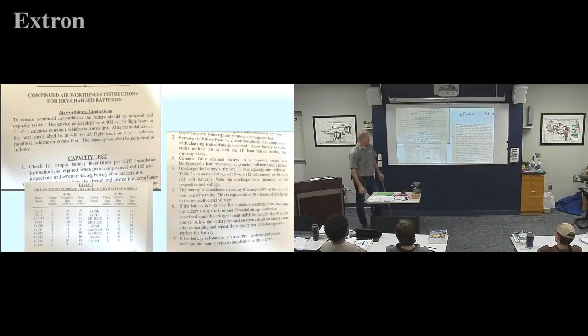That's kind of the math they're doing. But we could run that math and say 35 divided by 23 times 60 minutes and see what it lasts. But long story short, this is the test the battery manufacturer says you should do. It's in their airworthiness limitations. If you don't do it, you're not following their instructions.